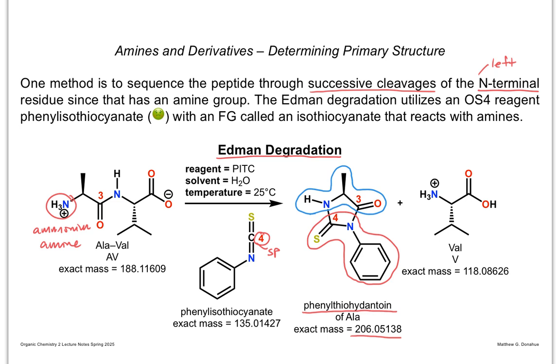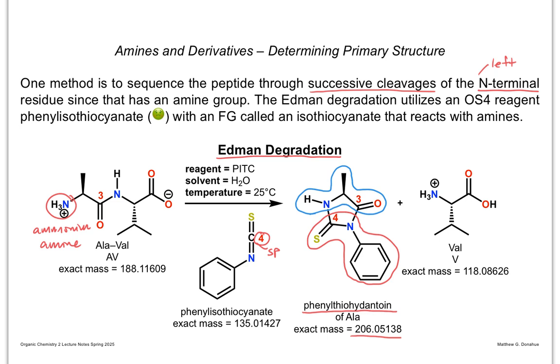So imagine that you have the 20 proteinogenic amino acids. Now imagine they're in that phenylthiohydantoin form. They're all going to have unique masses. So when you separate out that mixture from this Edman degradation, you can see what the mass of that hydantoin is, and you can say, okay, because that one is tagged, it had to be on the N-terminal.